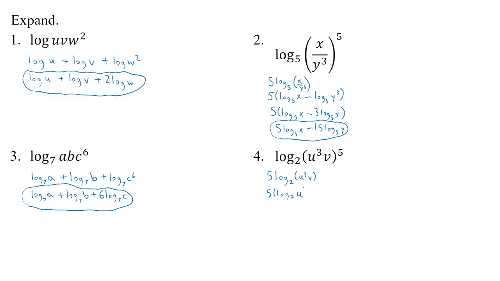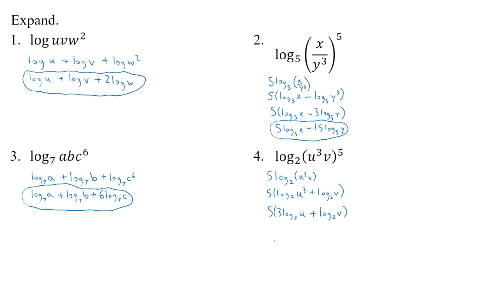So this is log base 2 of U to the third plus log base 2 of V. We have an exponent, so we're going to apply the third property to change that 3 into a coefficient. Therefore, we put the 3 in front of log base 2 of U plus log base 2 of V.